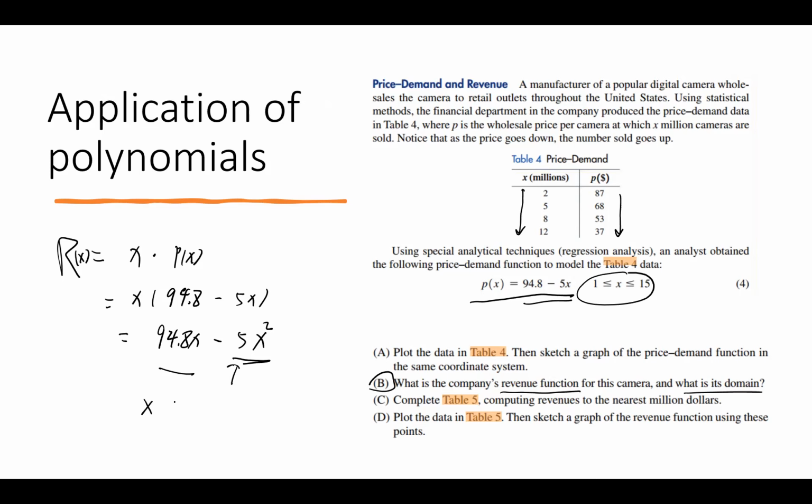So in this case, x should be in the range of 1 to 15. This special notation here means belongs to, right? So x belongs to the range of 1 to 15 inclusive. So that's just one example of a polynomial function, and it's quite commonly used in real life.